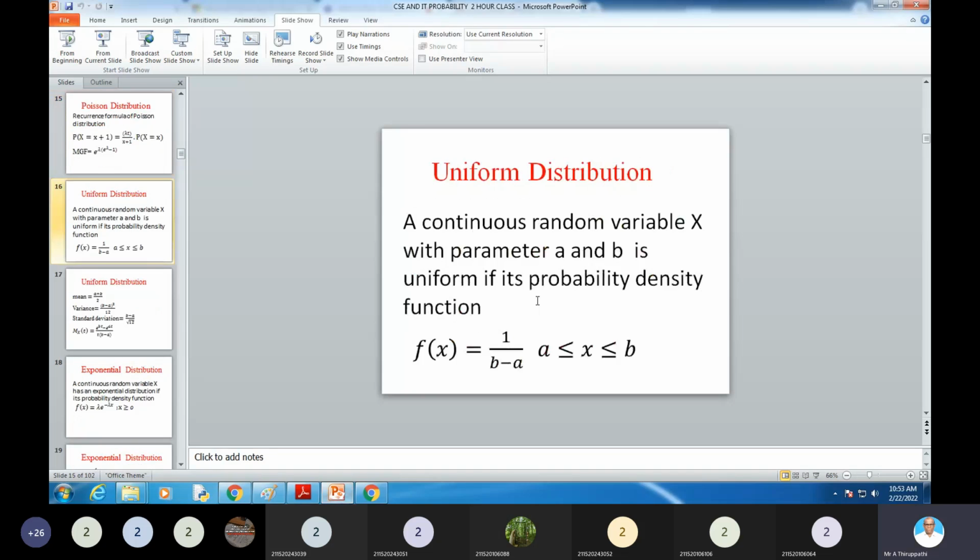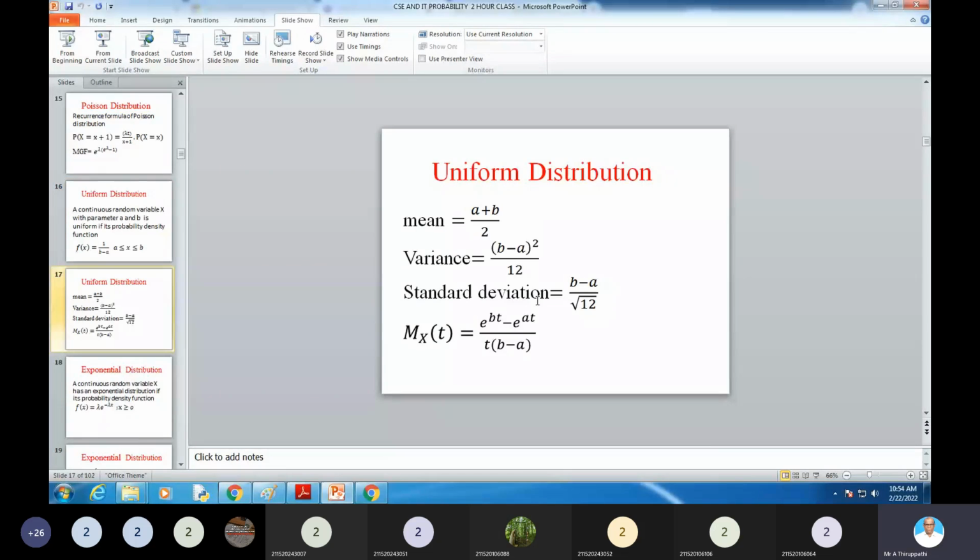Uniform distribution. A continuous random variable x with parameters a and b is uniform if its probability density function f of x is equal to 1 by b minus a, that is, 1 by upper limit minus lower limit. This is very important. Mean of the uniform distribution is a plus b by 2.